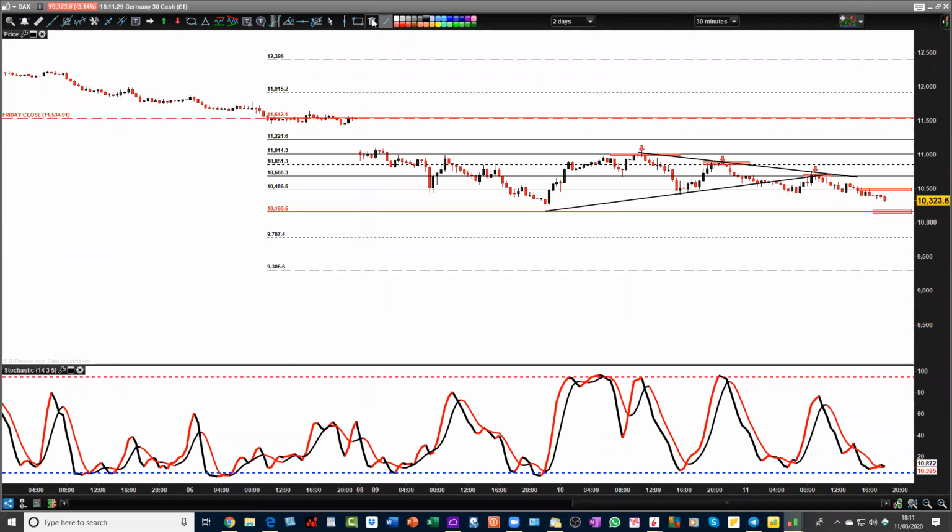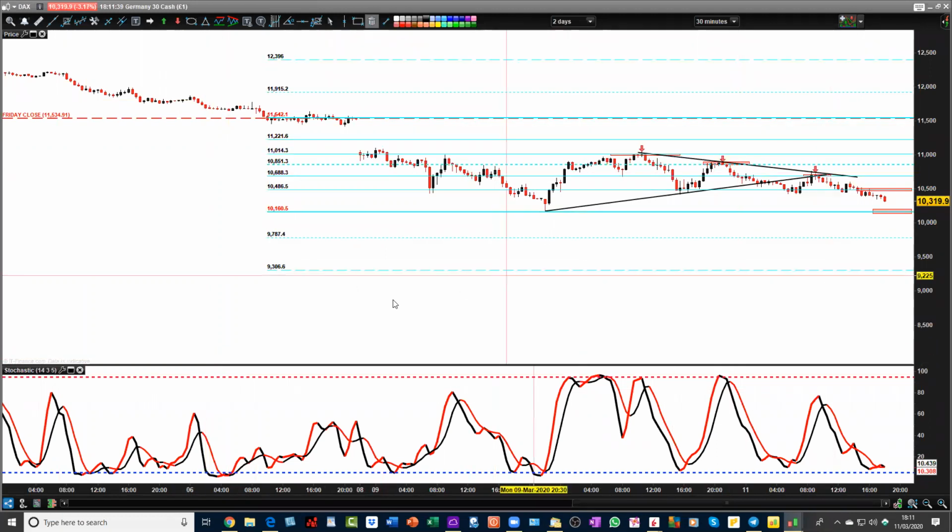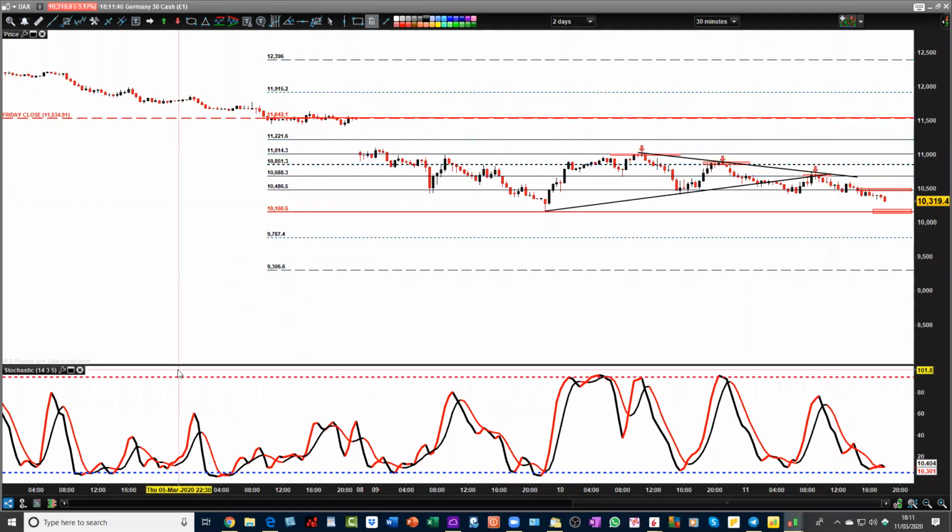Okay, so what I've done here is broken this down in terms of the gap, the fib levels, the structure that you've got here, and then targeting levels to look to get into this trade, just using a 30-minute chart. 30-minute signals on the whole are a lot more reliable, a lot better than 15-minute.